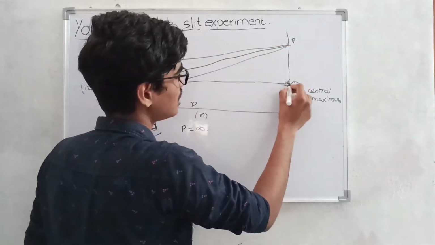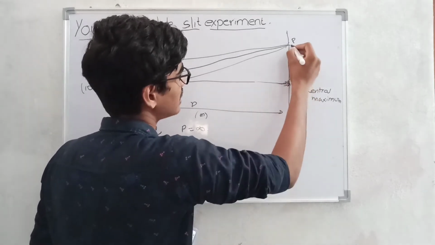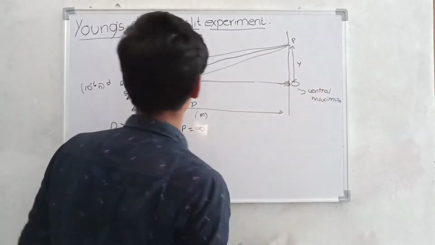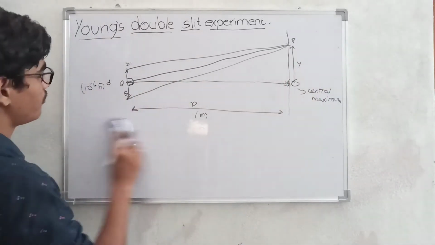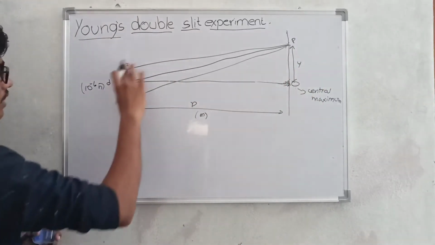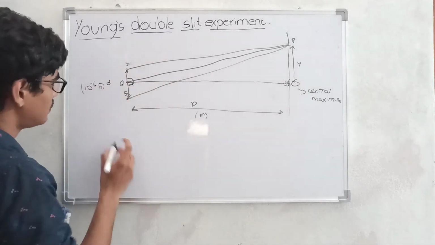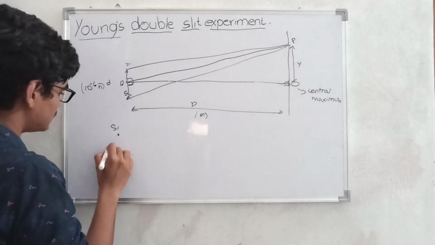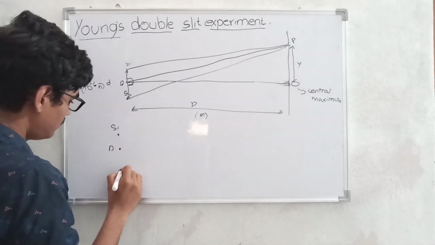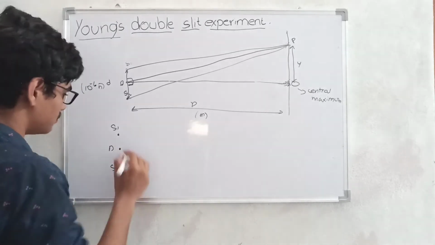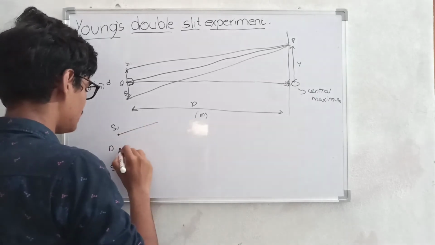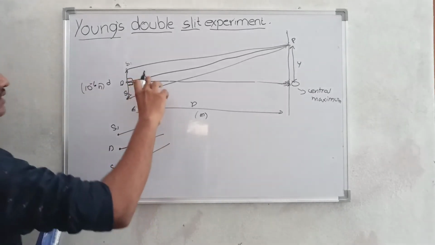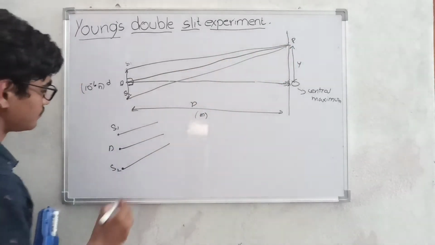the position of point P from the central maxima is y. Consider the length as y. Then I want to explain this here. Consider this point as S1, this point as D, and this point as S2, such that there are three parallel rays meeting at infinity.